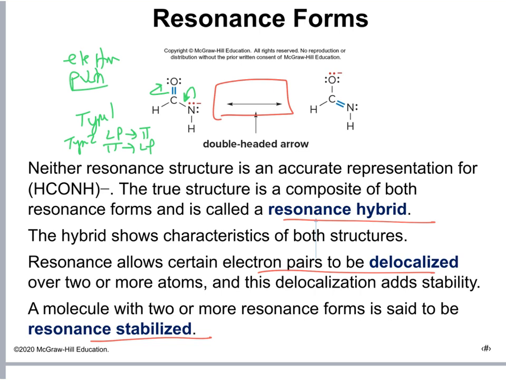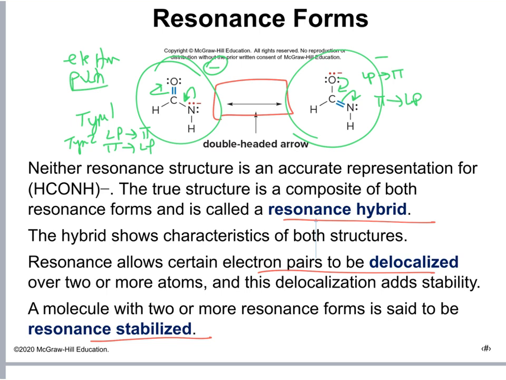To go the other way, these would go from an oxygen lone pair to a pi bond, and then the pi bond onto nitrogen, pi to a lone pair. When it goes to a lone pair, the formal charge changes. Notice also that the overall formal charge on this compound is negative, and overall is negative, so formal charge is conserved.